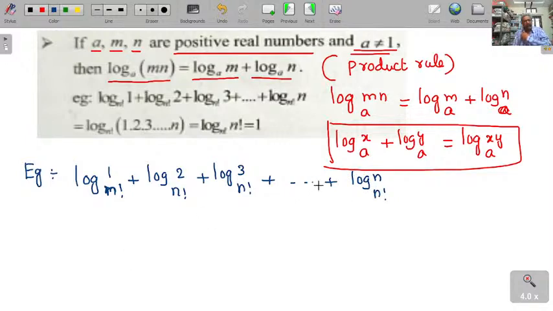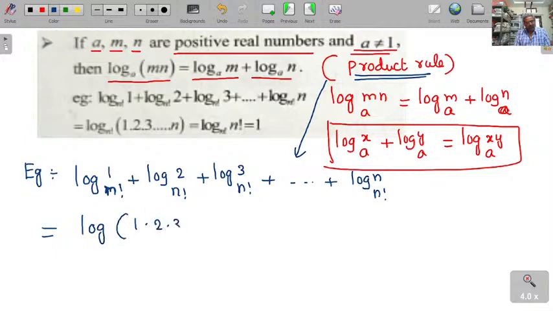So you may have a doubt: can the product rule be extended for more than two numbers? Yes, it can be extended. This is the extension of product rule. This can be expressed as a single logarithm, log of 1 into 2 into 3 into so on into n, so n factorial.